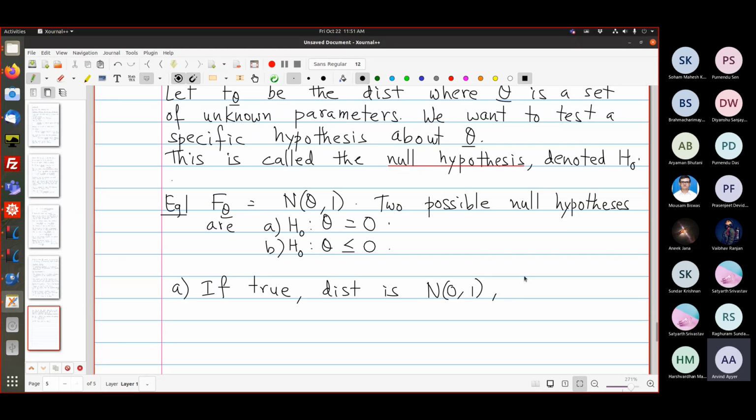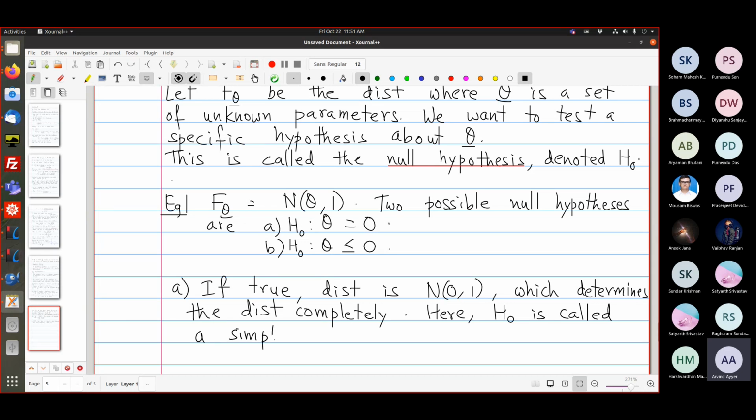Now there are no more parameters which determine the distribution completely, and here H0 is called a simple hypothesis.